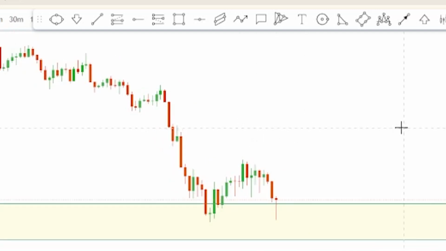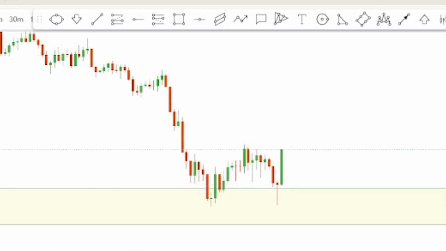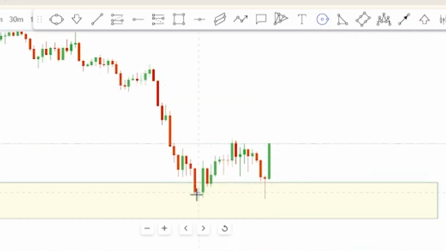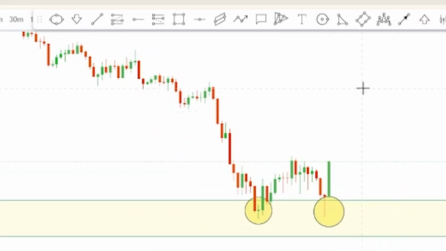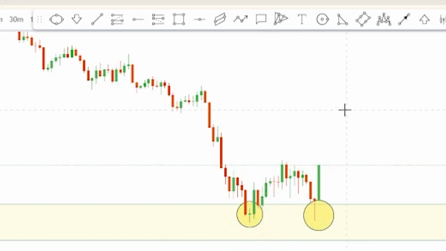Okay, so now we rejected from this area, expecting again to form the double bottom. Now we formed a double bottom. We have this one and also the second one. So now we rejected twice from this area. Remember, this zone is very strong. It had been rejected even before we reached it from this movement.